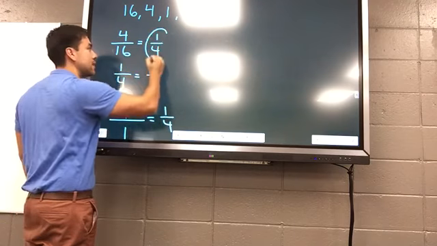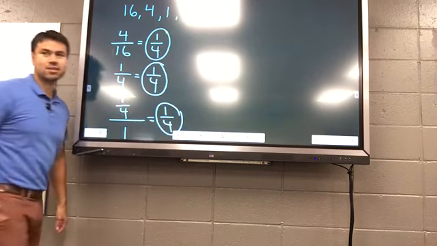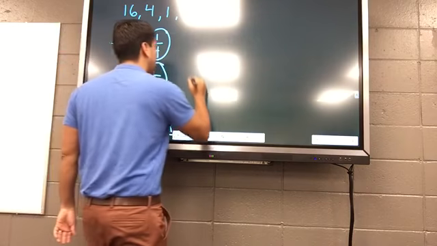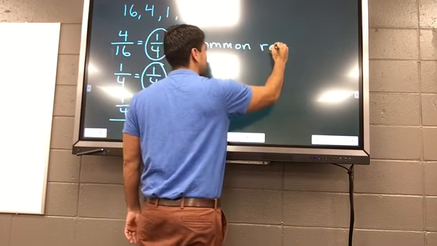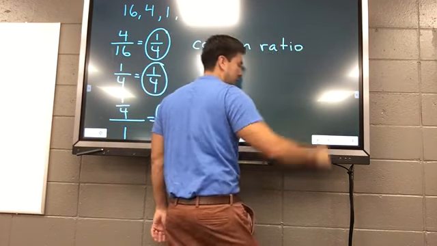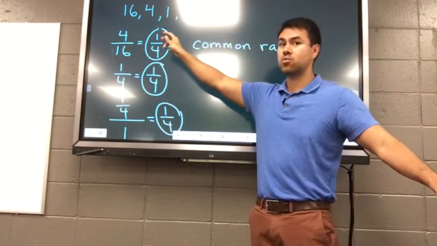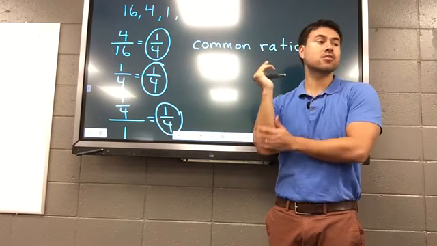Do I have something in common? Do you know what this common thing is called? A common ratio. Well, you're like, how do you know it's a ratio, Mr. A? Did I find this ratio by dividing?